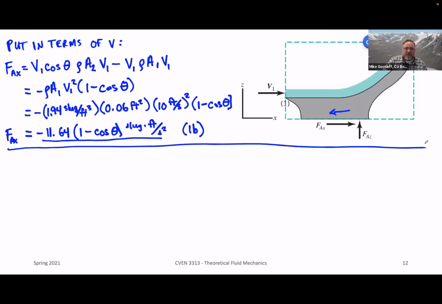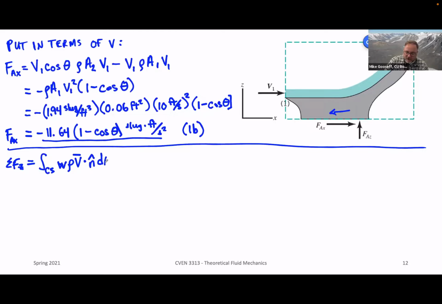Now let's do the same thing with FAZ. So the sum of the forces in the Z direction are equal to, and I'm going to skip the step of crossing out the temporal change, but it's essentially equal to the sum over the control surface of little w times rho v velocity vector dot n hat dA.